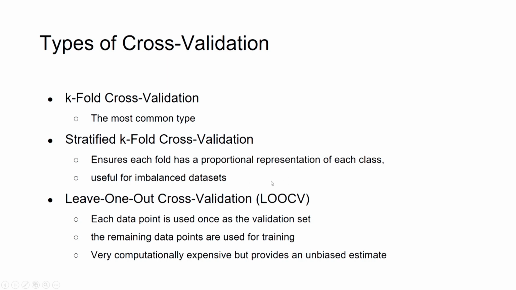In one data set you may have many instances corresponding to one class, but very few instances corresponding to another class. Since the data set is divided into different folds, the same problem may appear in different folds also. That is why we use the stratified k-fold cross validation technique, where we ensure that each and every fold does not have this imbalanced data set problem.